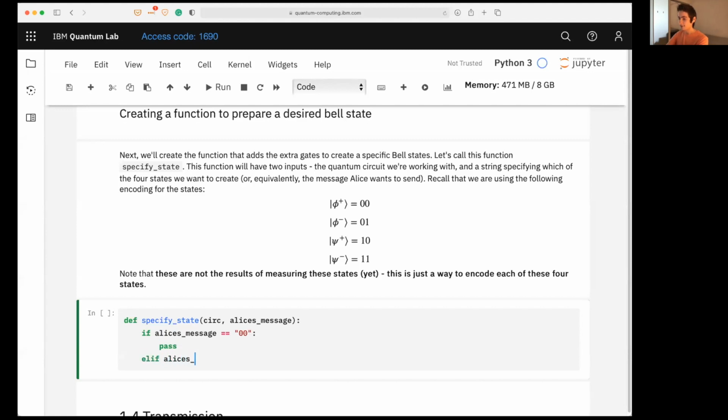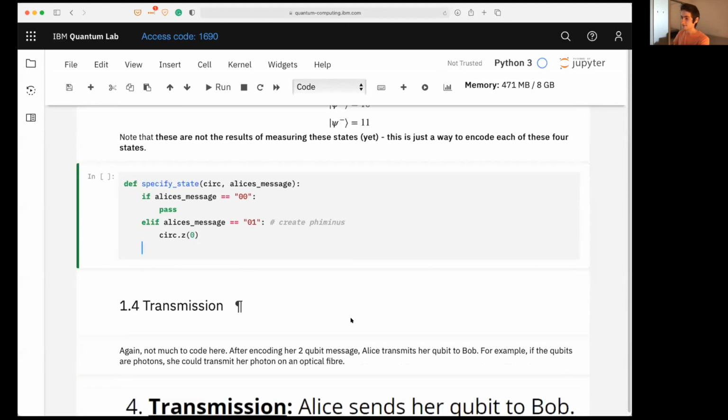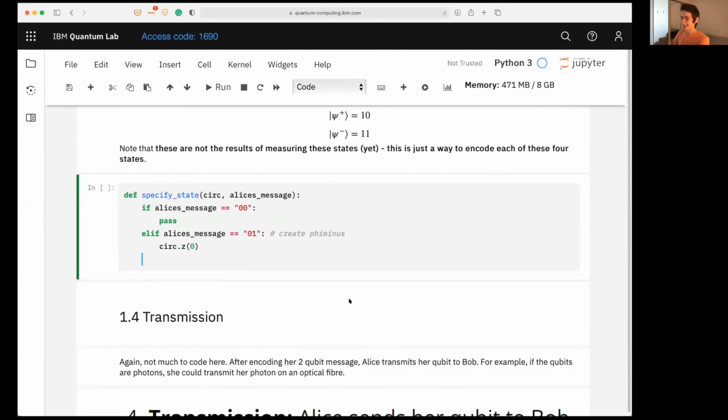Otherwise, if Alice's message is 0, 1, then as a reminder, we want to create phi plus, or sorry, phi minus. I'm already getting my terminology confused. We want to create phi minus here. And so we're going to do circ.z on the first qubit.